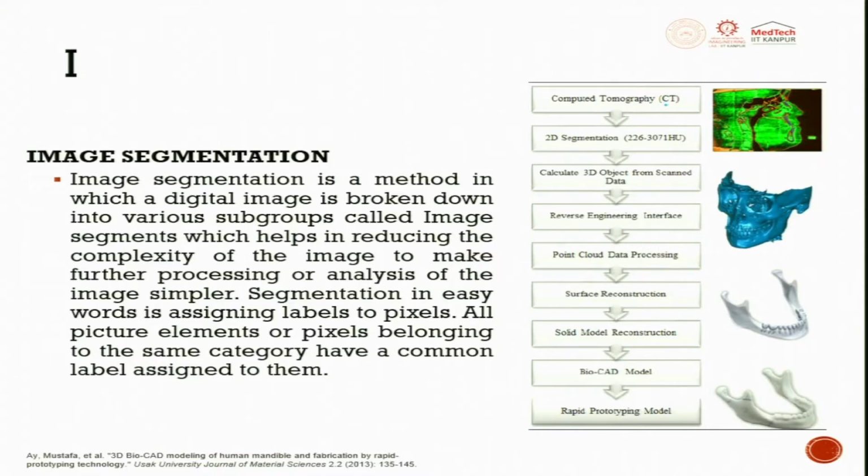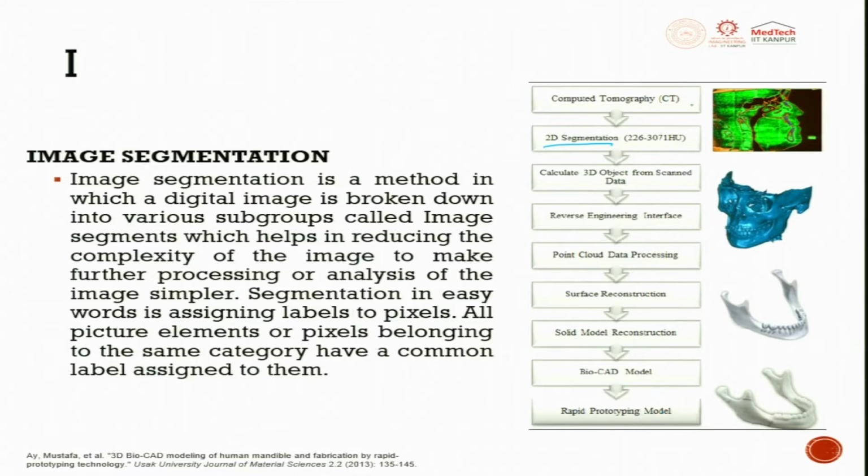You do CT, from the 3D you do 2D segmentation, then you calculate the 3D object from scanned data, then you try to do a reverse engineering interface, then you get point cloud data processing, then surface reconstruction happens, then solid model reconstruction happens, the BioCAD model is there, and finally the rapid prototype model is done.